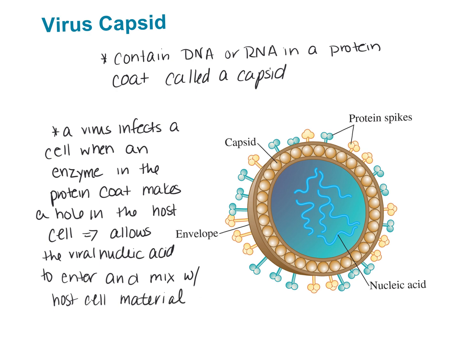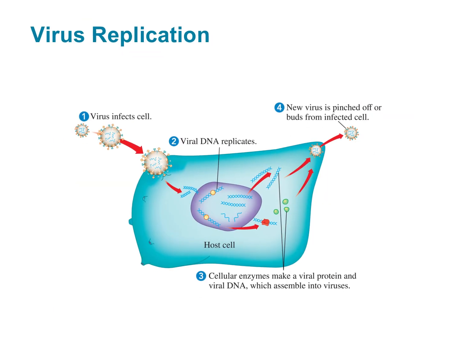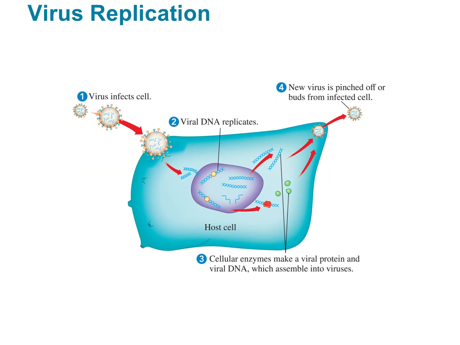Now, let's look at this process. So we have a host cell here, okay, and the virus comes along and it attaches to the host cell and enters the host cell. Now, if the virus contains DNA, the host cell is going to replicate the viral DNA.